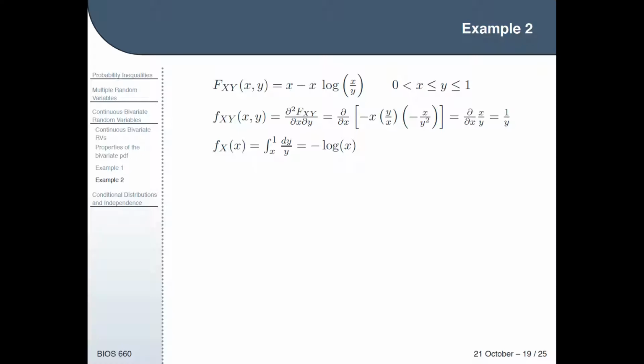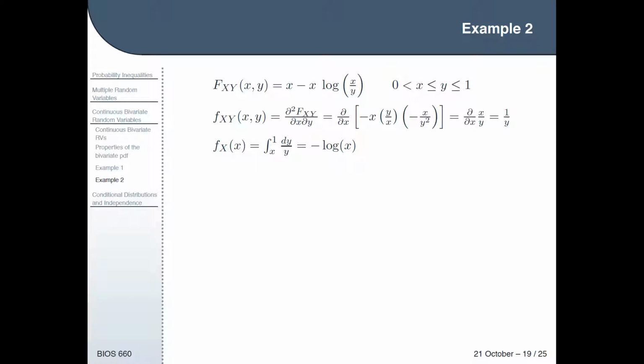So to find the marginals, you have to integrate the joint PDF with respect to y to get the marginal with respect to x, and this threw me for a loop when I was trying to do it just because the support of this distribution is weird. It doesn't go from 0 to 1 for both x and y. It's only defined in the region where x is less than or equal to y.